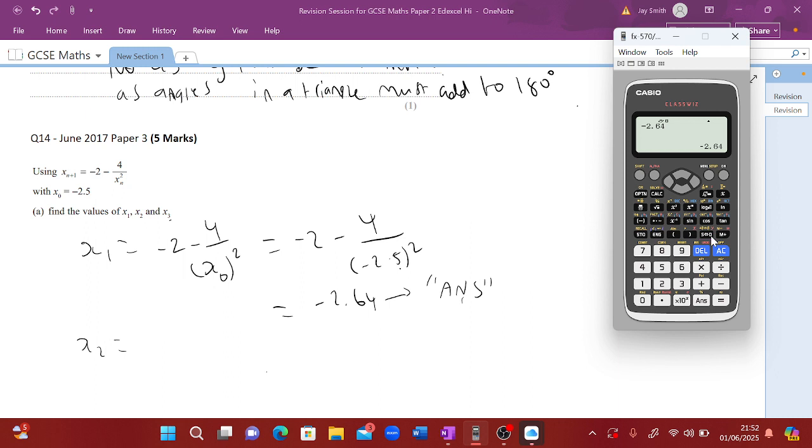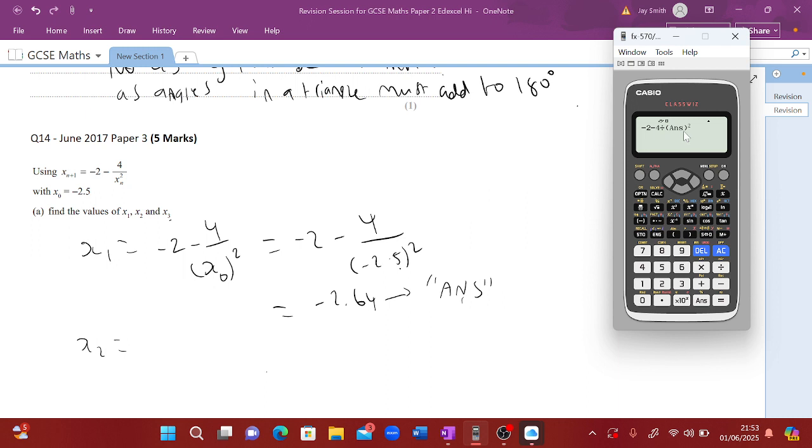Cool. So then what I'm gonna do is say this is now ans, right? So this is what I'm on about, ans, and that is now x1. Now x2 again will be -2 minus 4 divided by ans. Where is ans? There it is, and squared. Okay.